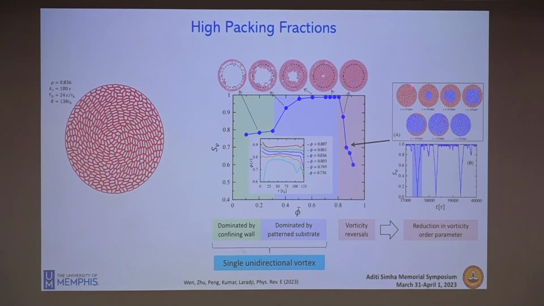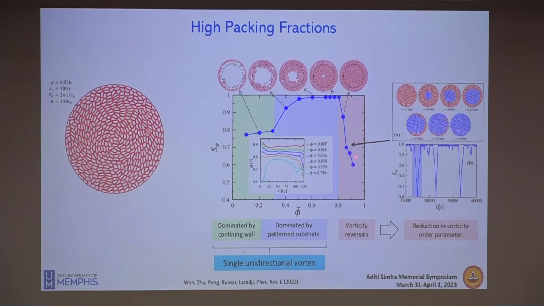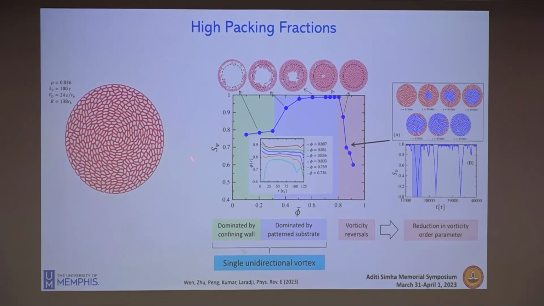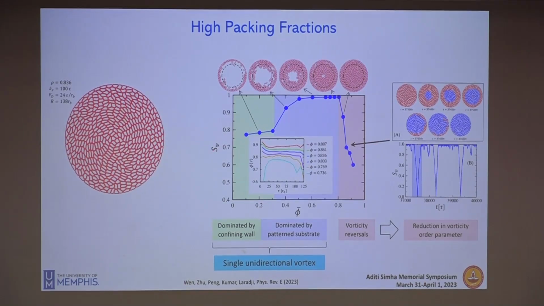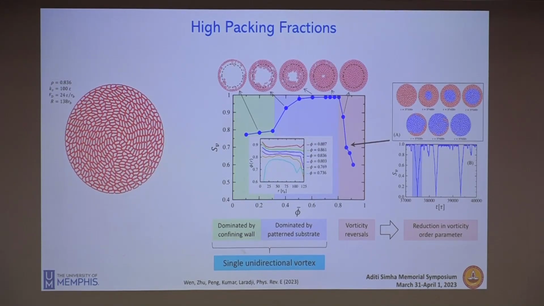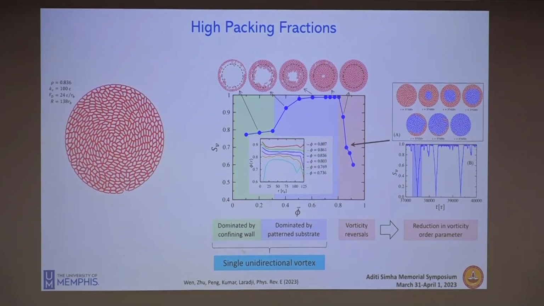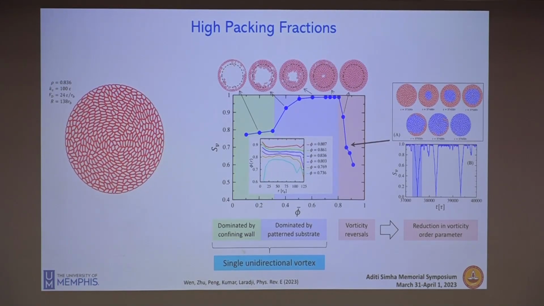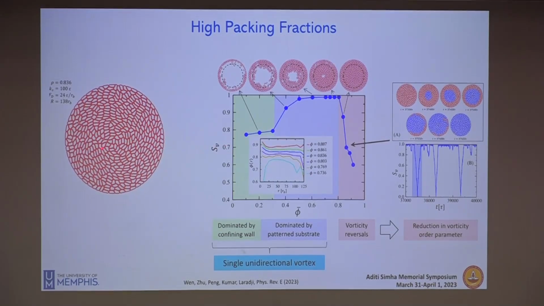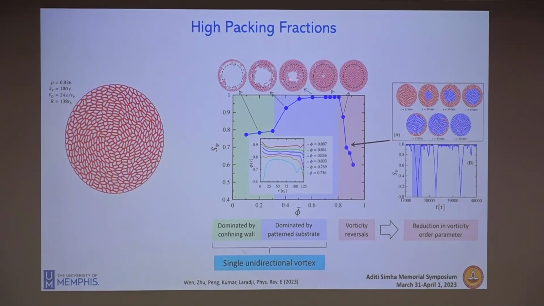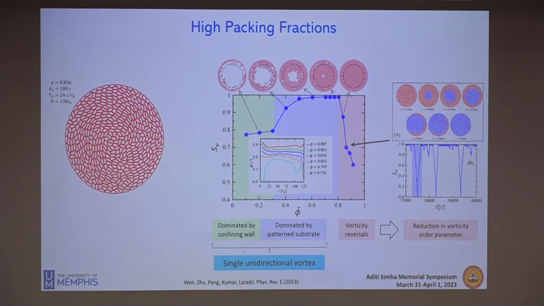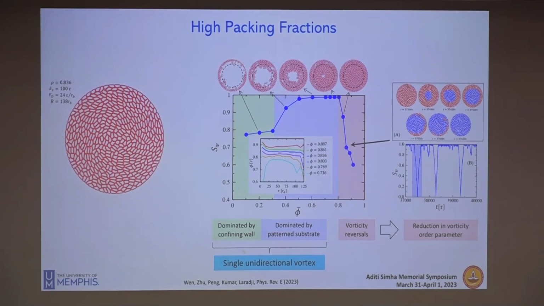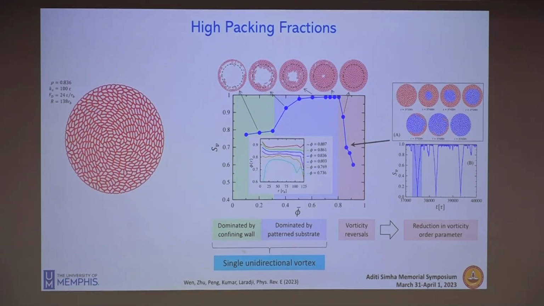These reversals happen only at high densities, and that's what leads to a reduction in this vortical order parameter, because you have particles moving in different directions. Otherwise, there are no reversals because there is a depletion in the center of the system, and therefore you cannot have reversals in direction originating from the center.